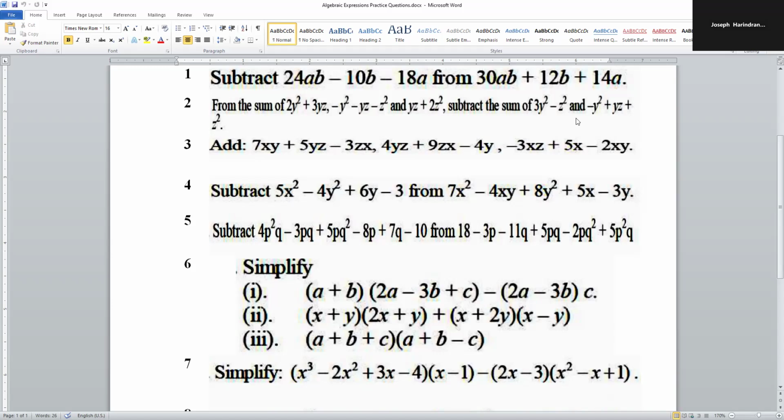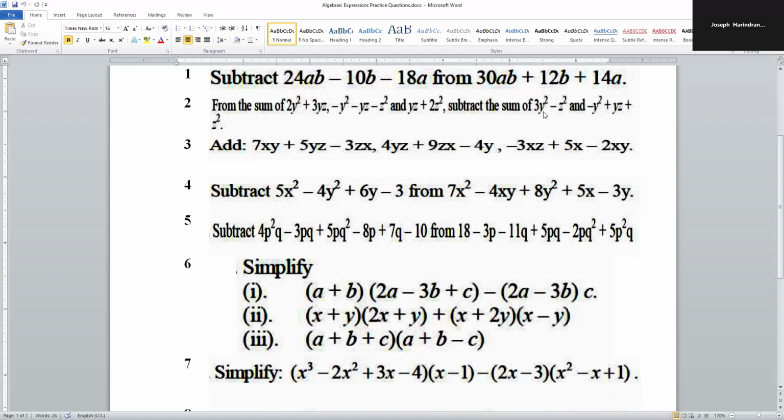So these terms you have to add for the final result. Then, from the first result, you have to subtract the second result.